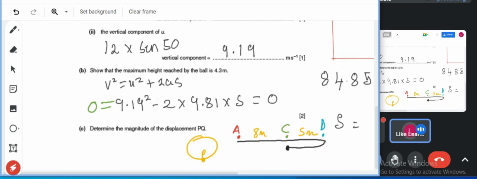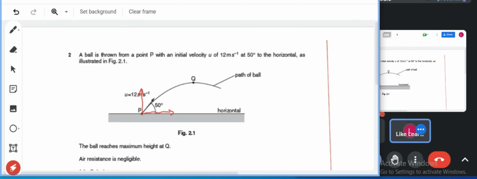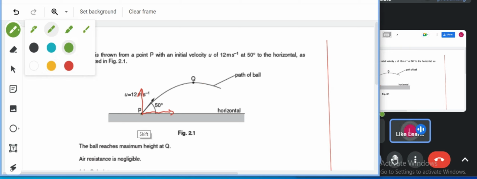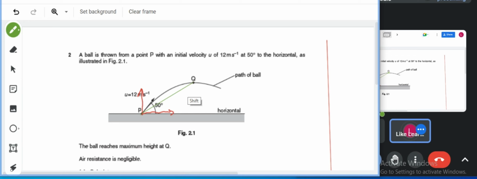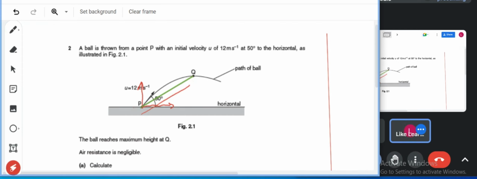So in this case, it's asking for the displacement PQ. So it's just Q measured from P. Did you get that? So I can draw a line from here to here. That's the line we're looking at. And think about that. This will form a right angle triangle, isn't it?